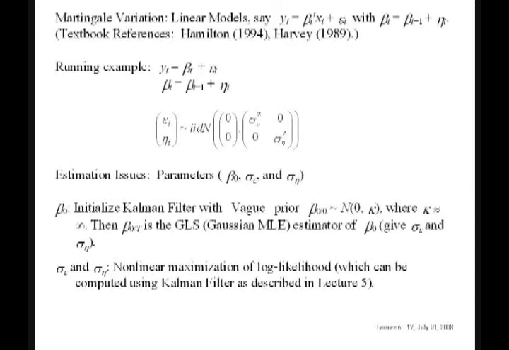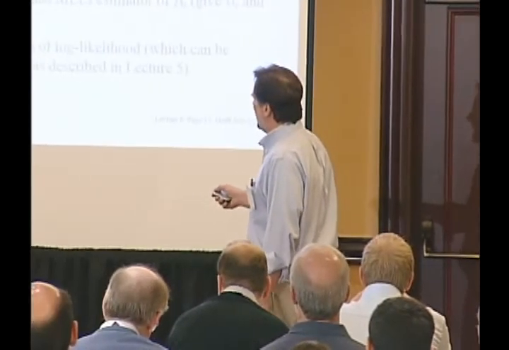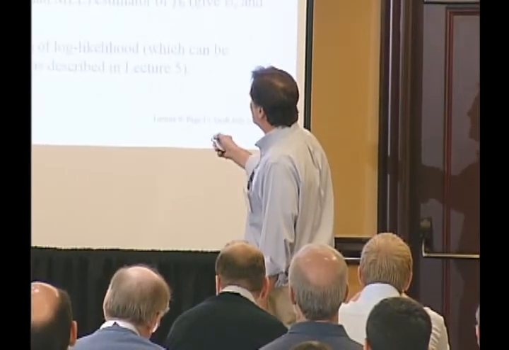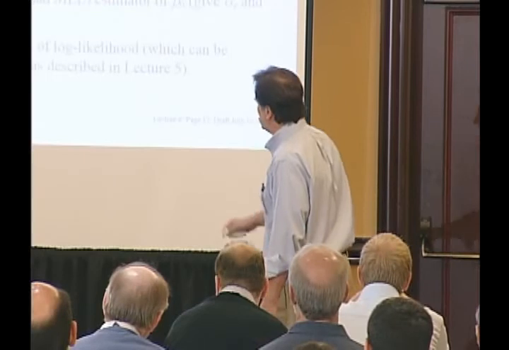And it turns out you can easily concentrate out one of these parameters, this beta thing. You can concentrate it out by using a Kalman smoother to give you the maximum likelihood estimator of that, conditional on these two guys. This just turns out to be GLS.